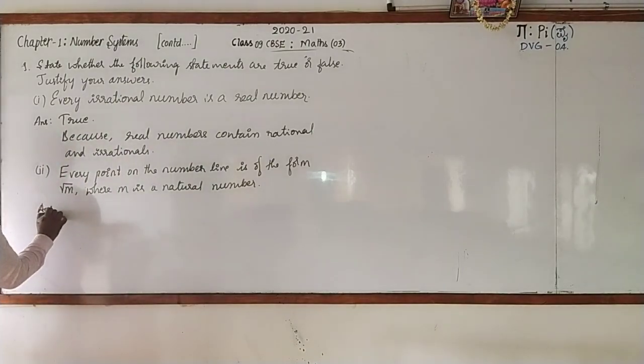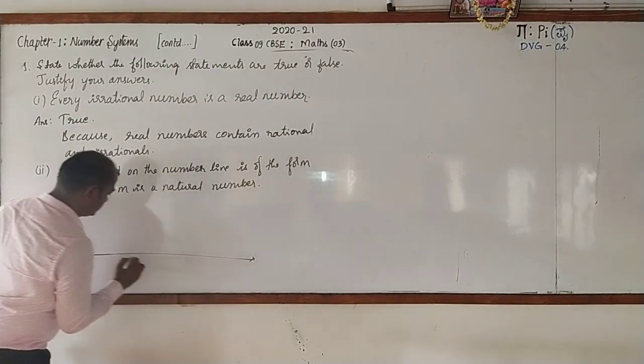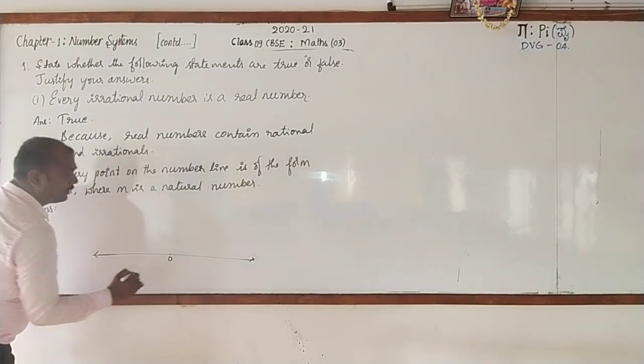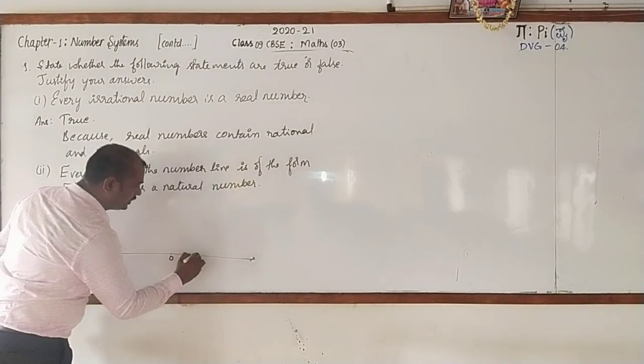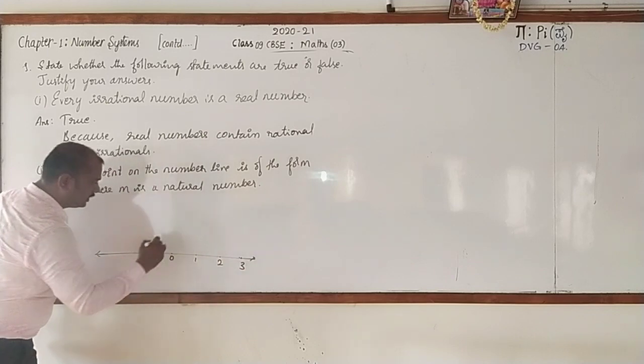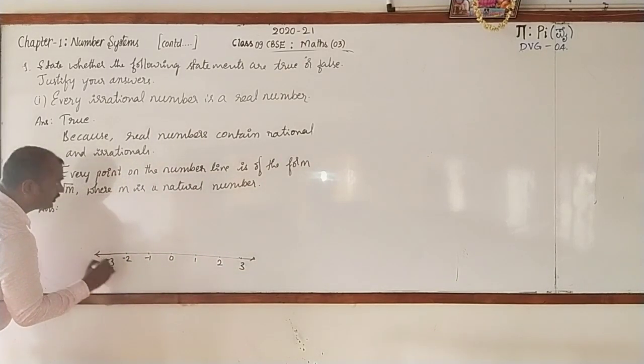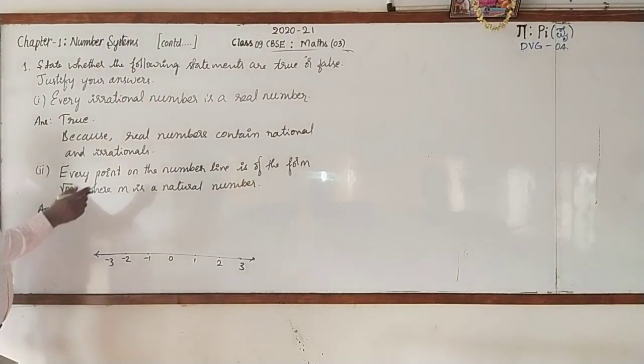I hope that you have understood the statement. Every point on the number line, if I go for taking a number line like this, here in the number line there will be 0, on the right side of the 0, 1, 2, 3 and so on. Left side of 0 are -1, -2, -3. Every point on the number line is of the form root m.